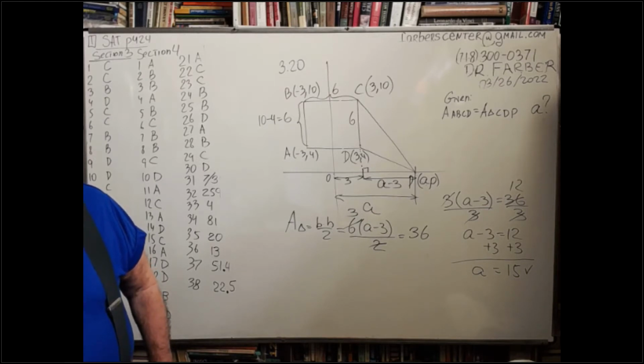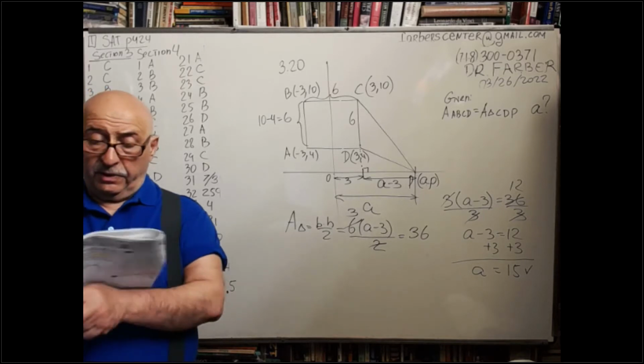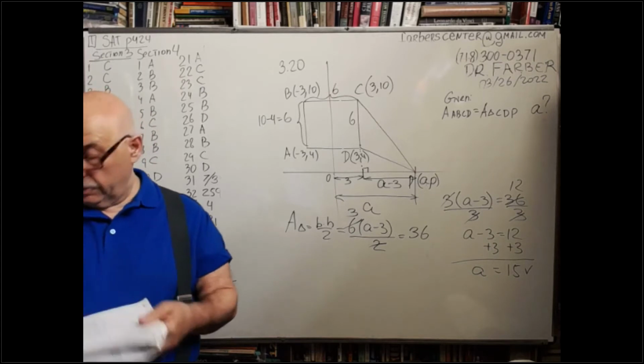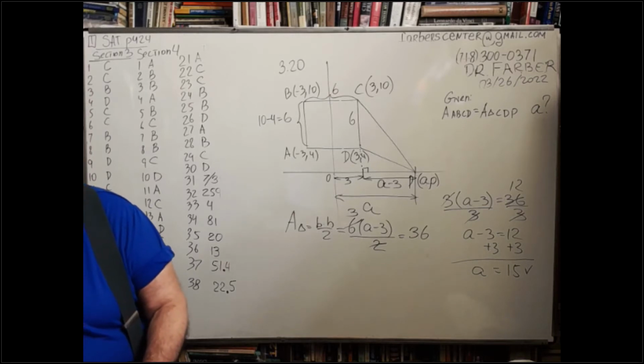More 3+ questions. Now we're going to go through section number 4. Again, at the end, if you still have questions, you can ask. Let me go through more 3+ questions for this section.